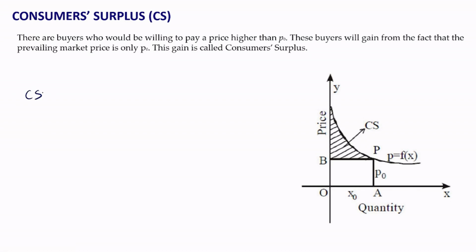So consumer surplus is given by the integral from 0 to X0 of f of x dx minus the area of this rectangle, which is P0 X0. Using this relation, we can find the consumer surplus.